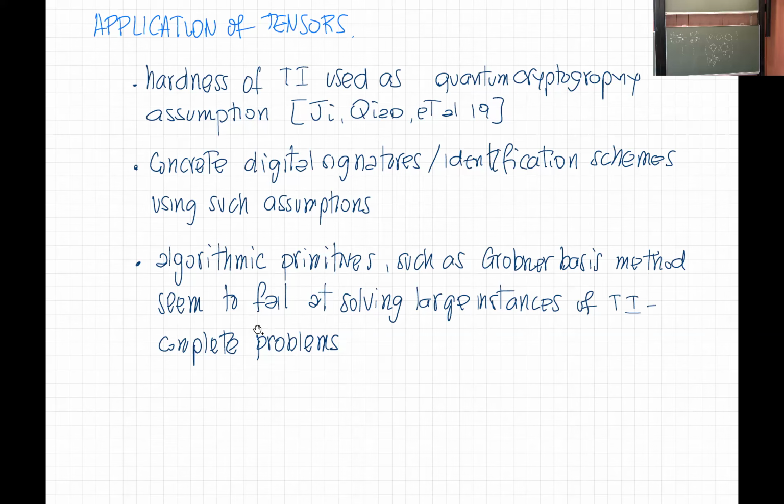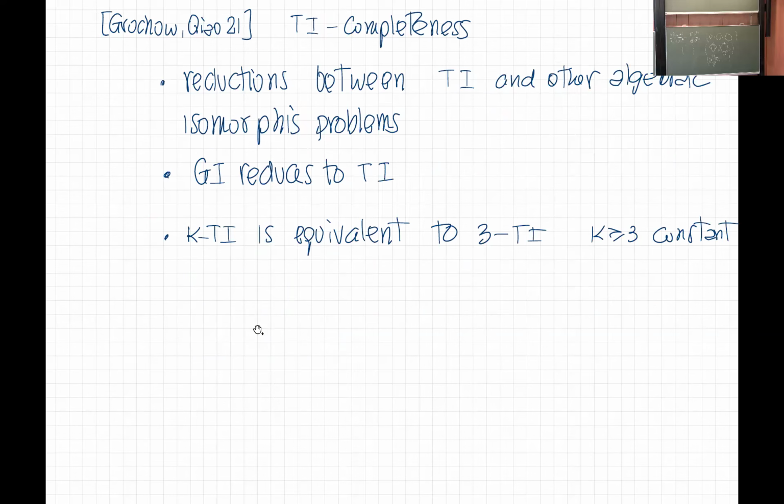So here I was mentioning these complete problems, TI complete problems. Why? Because in fact Grochow and some of his collaborators were recently proving some results to understand how tensor isomorphism is behaving with respect to, or is capturing, other isomorphism problems.